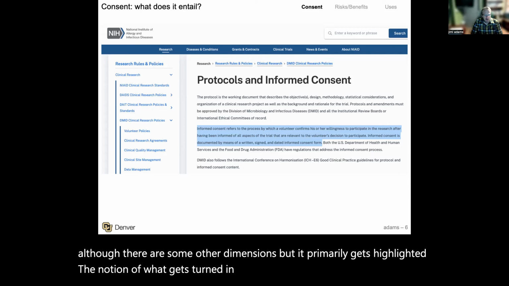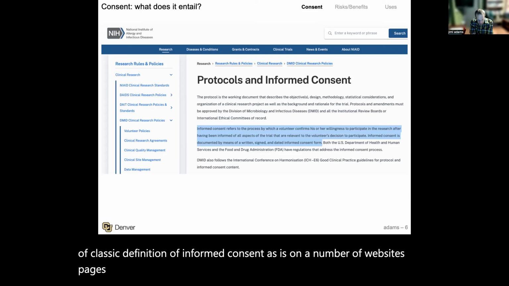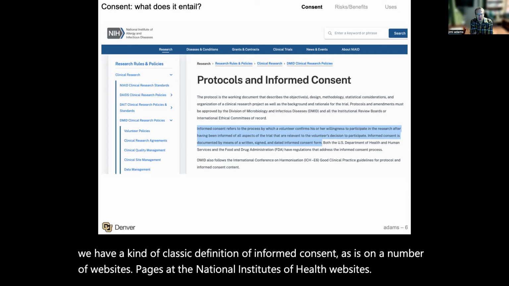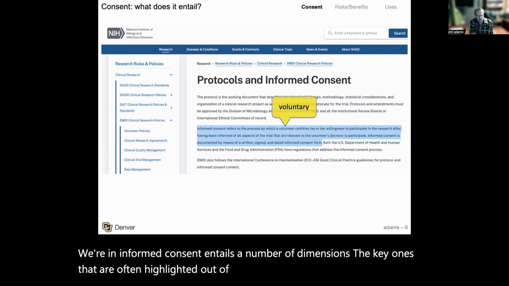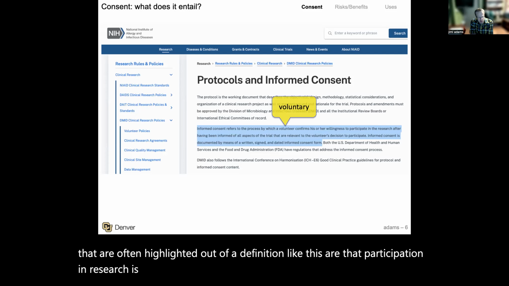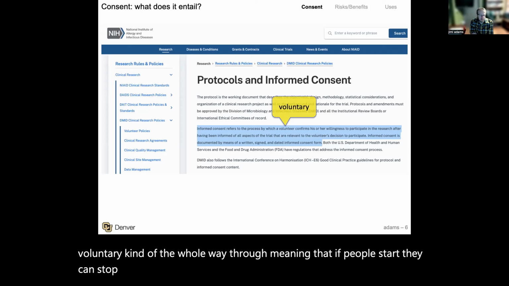And here we have a classic definition of informed consent, as is on a number of pages at the National Institutes of Health websites, where informed consent entails a number of dimensions. The key ones that are often highlighted are that participation in research is voluntary. We can't force people to do research, and it's voluntary the whole way through, meaning that if people start, they can stop at any time.